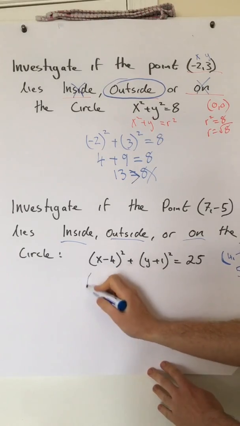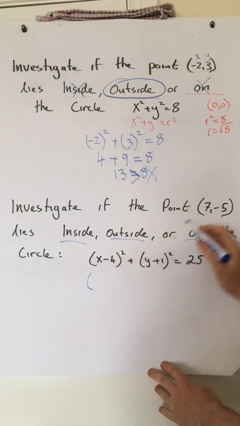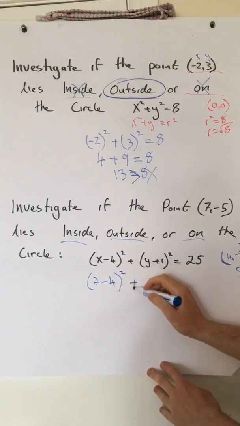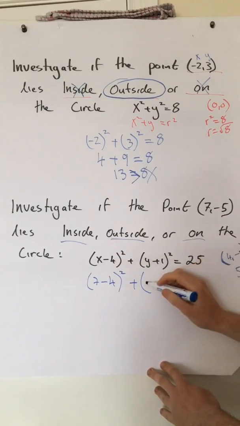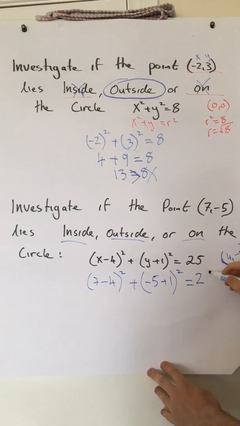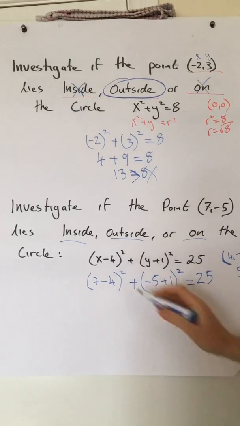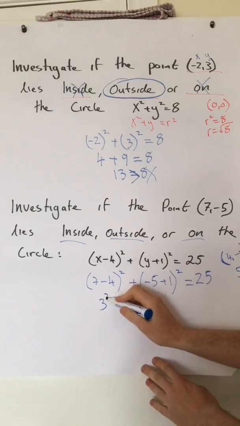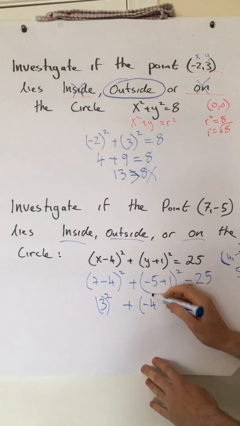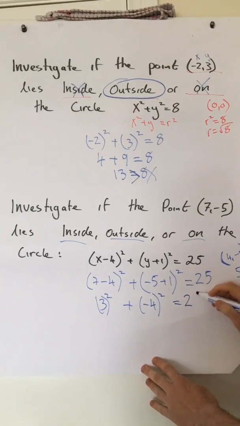I'm going to write out the equation again, but instead of x, I'm going to put in 7 minus 4 squared, plus instead of y, I'm going to put in minus 5 plus 1 squared is equal to 25. 7 minus 4 is 3 squared, plus minus 5 plus 1 is minus 4 squared, and that is equal to 25.